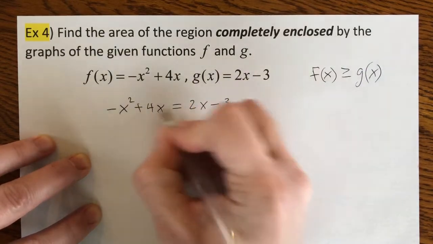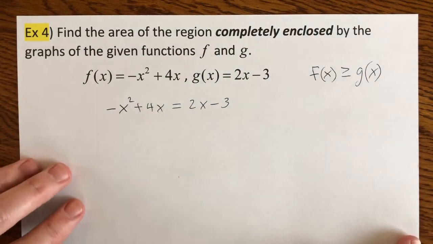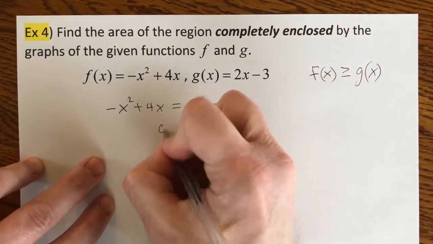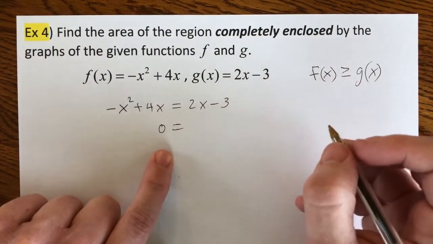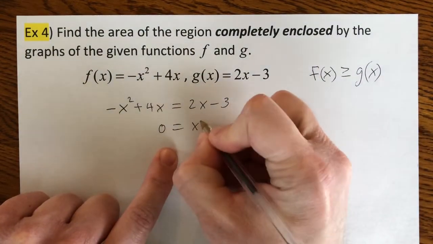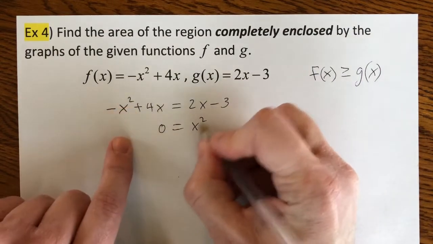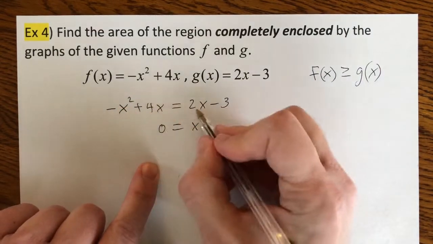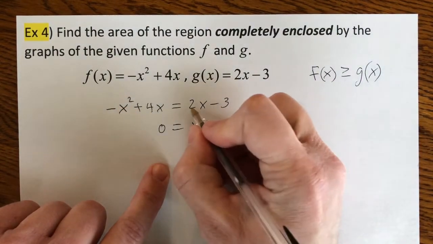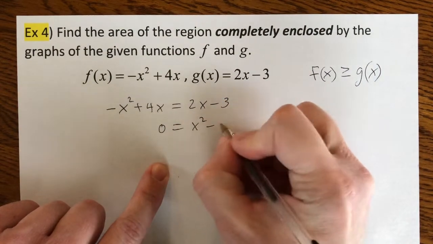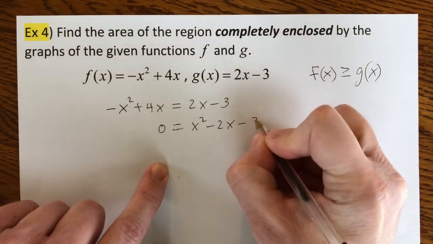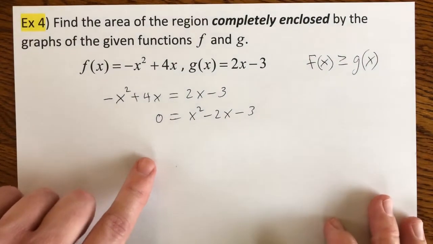All right, y equals y. It's the reflexive property of equality. At this time, we're going to set it equal to 0 and solve for x. So we get this. I'm adding an x squared to both sides, and then I'm going to subtract 4x from both sides. So 2x minus 4x is negative 2x, and then bring down the negative 3.